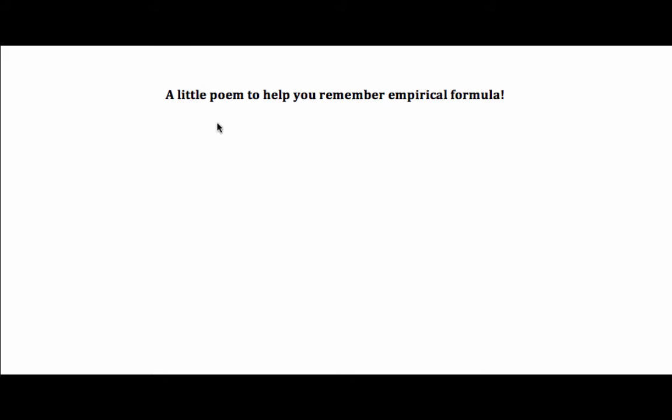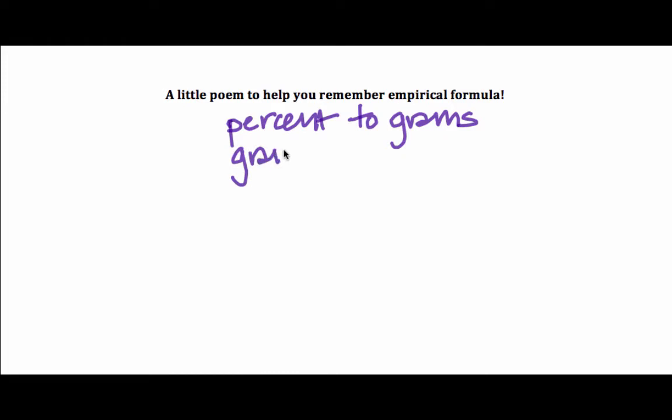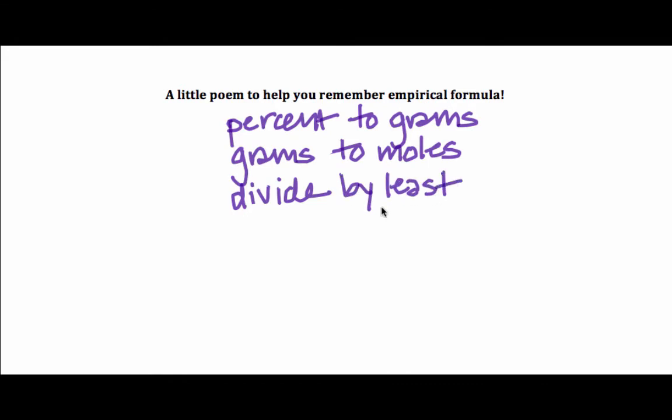There's a silly little poem that you can jot down to help you remember empirical formula. So the first line of the poem is percent to grams, then grams to moles, our favorite unit to change everything into in chemistry, divide by least, and multiply until whole.